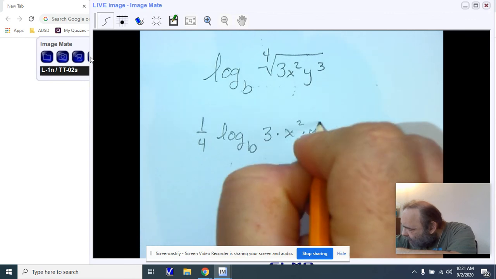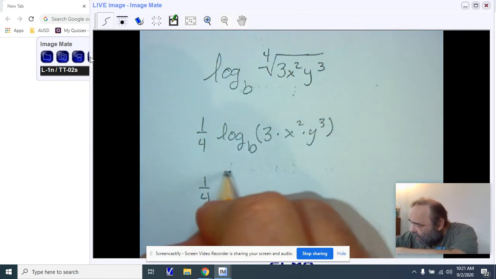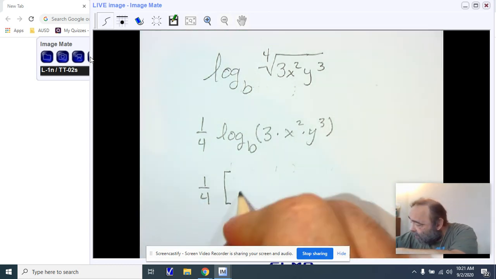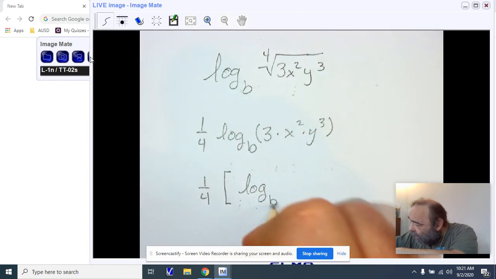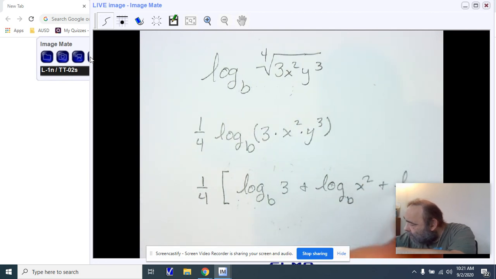Notice that they are all separated by a product. So I have 1/4 out in front, and I'm now going to expand it into the 3 terms. Log base b of 3 plus log base b of x squared plus log base b of y cubed.